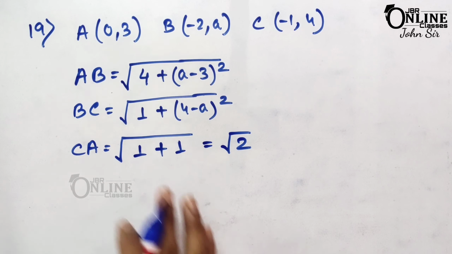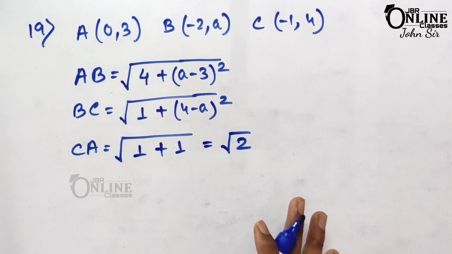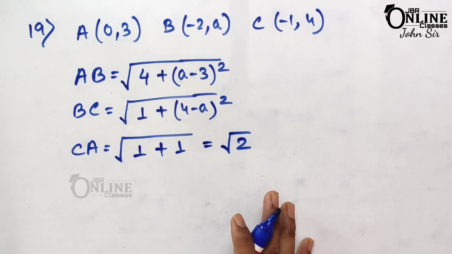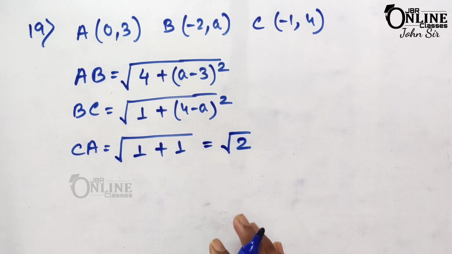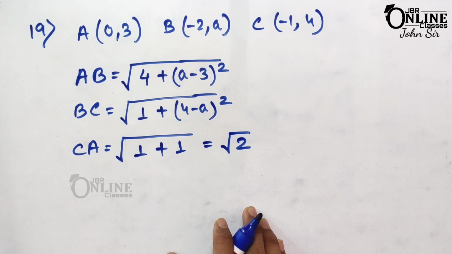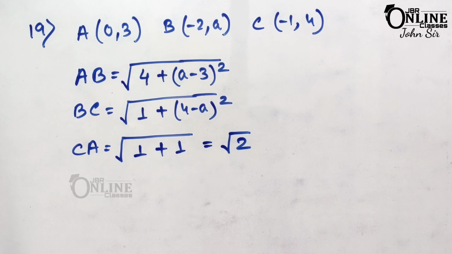Now as ABC are the vertices of a right angle triangle, then by Pythagoras theorem you can say that perpendicular square plus base square equals hypotenuse square.